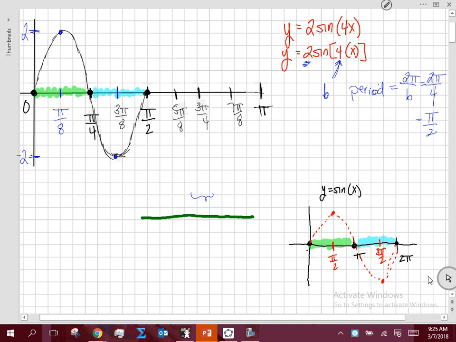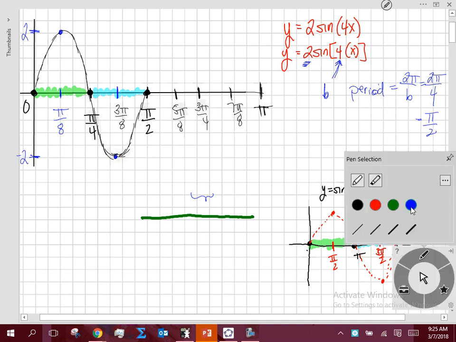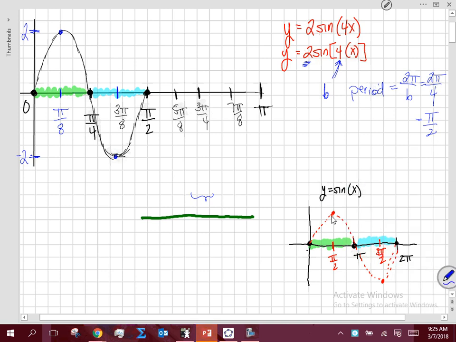Now, think about your parent function. My parent function starts at an x-intercept, finishes at an x-intercept. Halfway in between, I have another x-intercept, right?